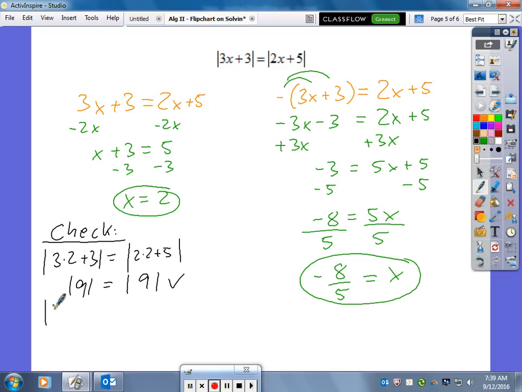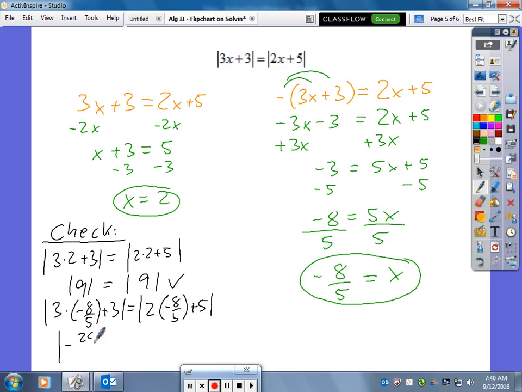The absolute value of 3 times negative 8/5 plus 3 is equal to the absolute value of 2 times negative 8/5 plus 5. The next step, I'm turning all into fractions with denominator 5.